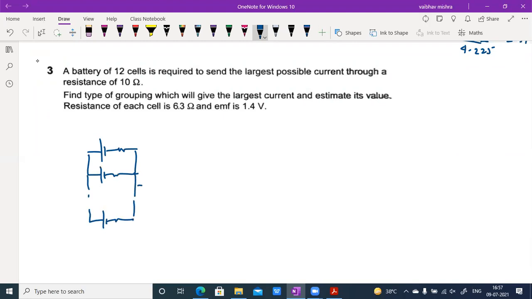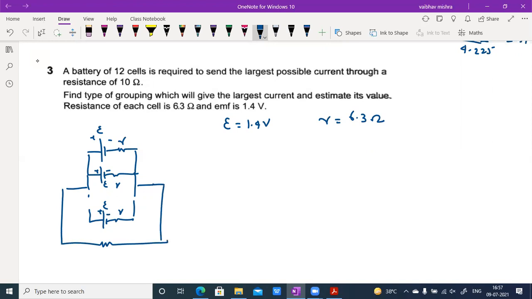Each cell has a resistance r of 6.3 ohm and EMF E of 1.4 volt, that's given in the question. ऐसे 12 हैं और हमें इसको use करके current send करनी है to one external resistance of 10 ohm.